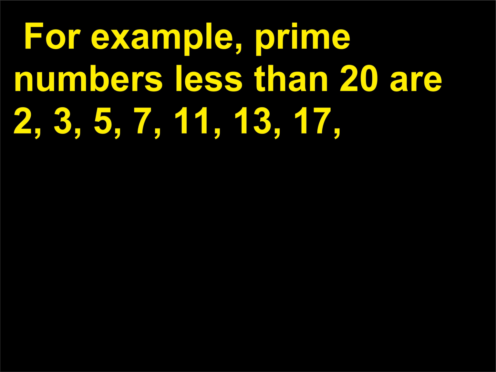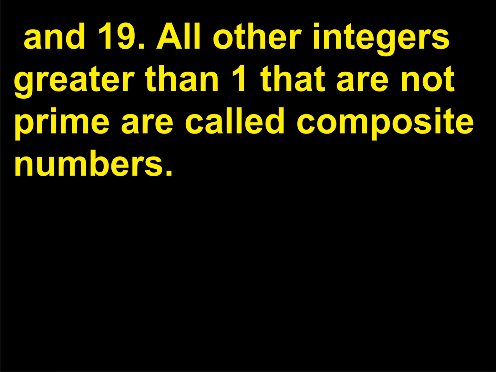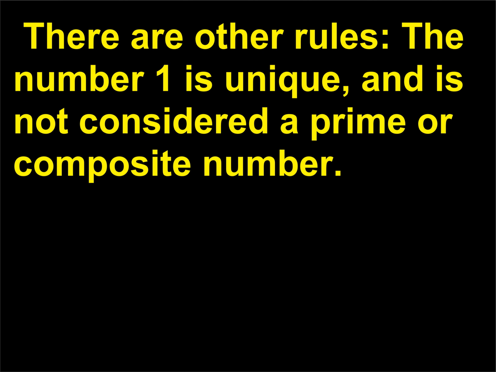For example, prime numbers less than 20 are 2, 3, 5, 7, 11, 13, 17, and 19. All other integers greater than 1 that are not prime are called composite numbers. There are other rules. The number 1 is unique, and is not considered a prime or composite number.